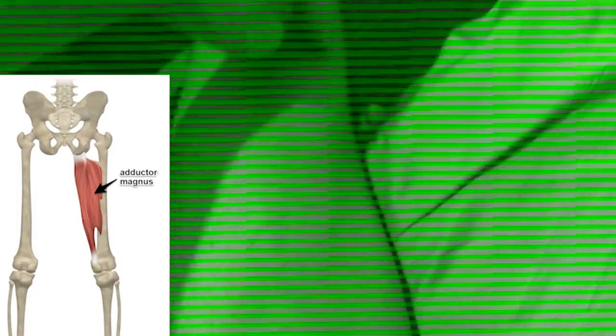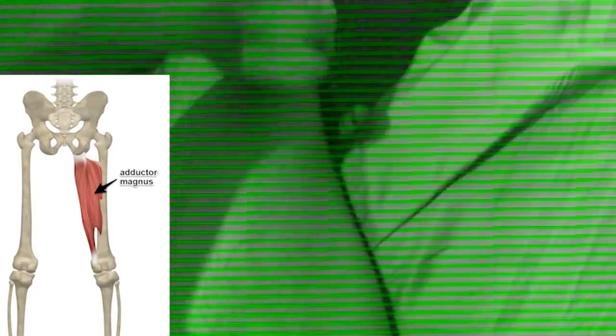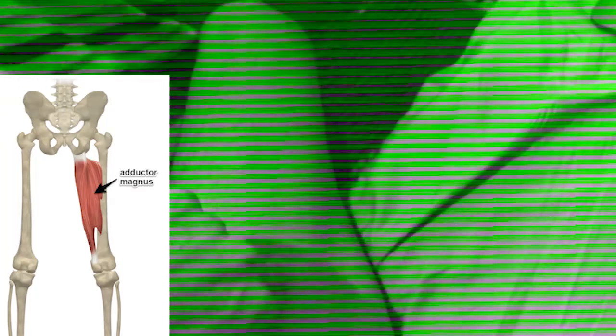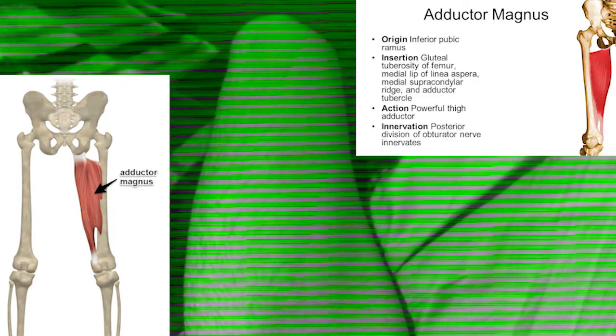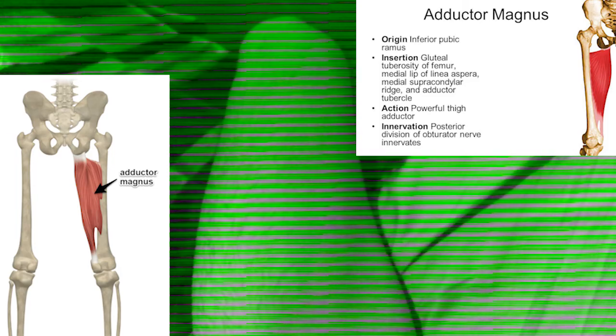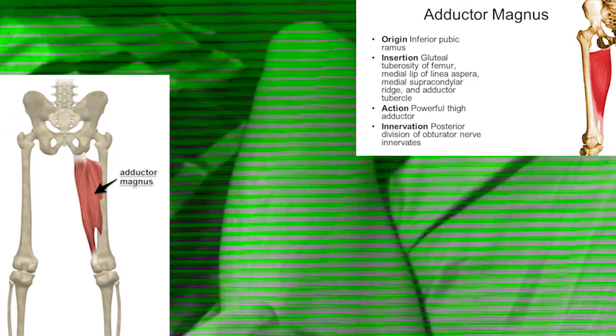So the next muscle would be the adductor magnus. It is a large triangular muscle situated on the medial side of the thigh. It consists of two parts. The portion which arises from the ischiopubic ramus is called the pubofemoral portion or adductor portion.